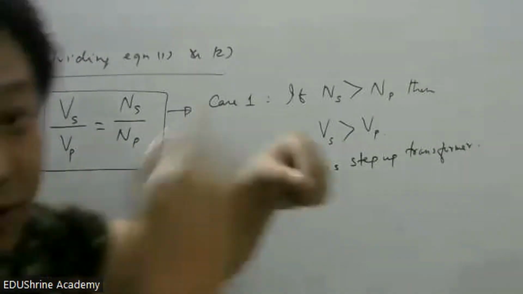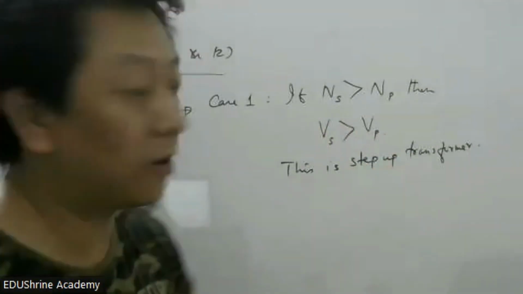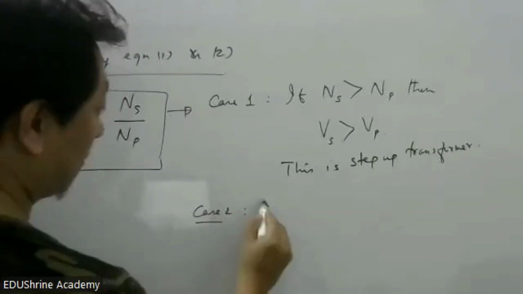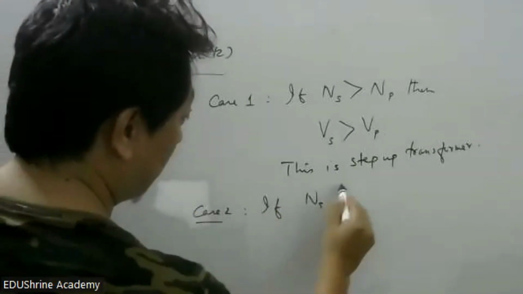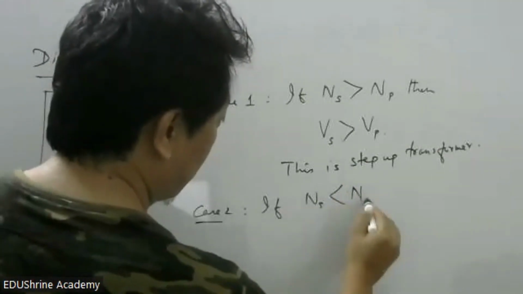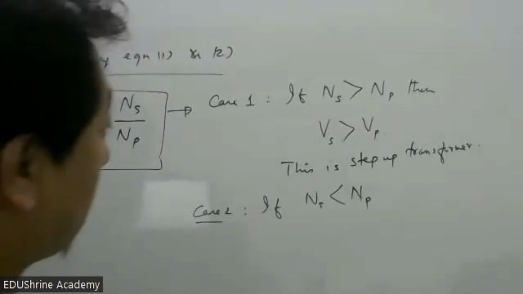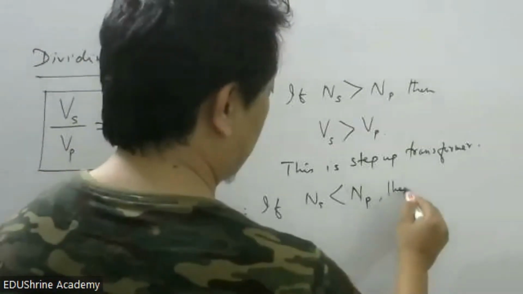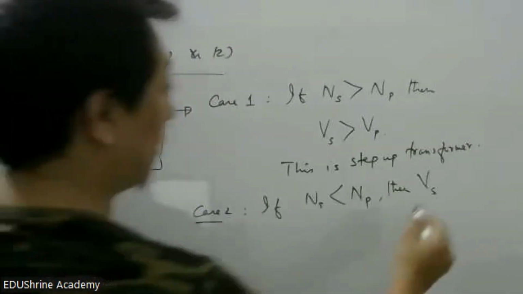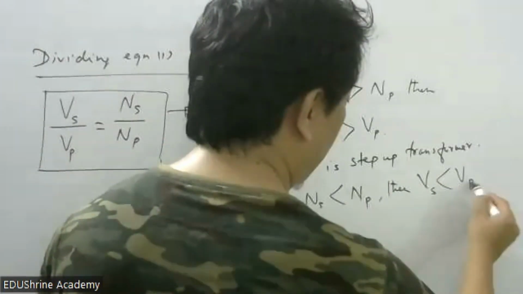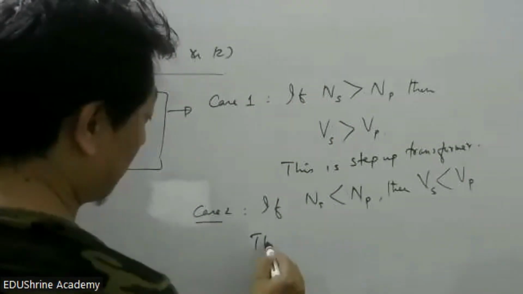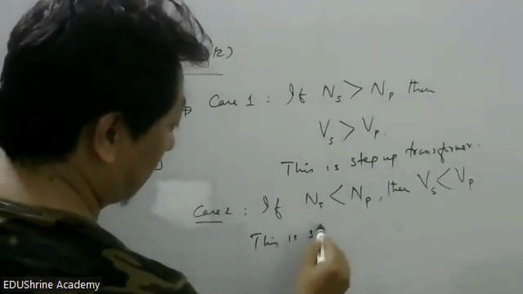Just make more turns in the output, in the secondary coil. Case 2 will be the reverse of this, right? If the number of turns in secondary is less than the number of turns in primary, then the voltage across the secondary will be less than across the primary input. This is a step down transformer.